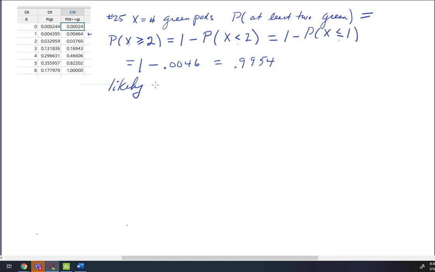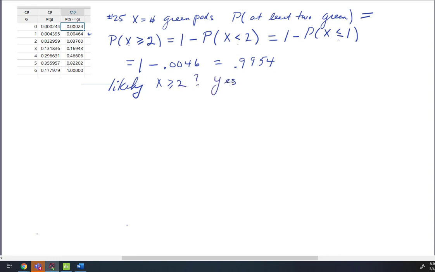Now, when you read your text, you'll see that it says that the experiment only goes on if we get 2 or more green pods, and then it asks, is it likely that the experiment goes on, which is the same thing as saying, is it likely that X is greater than or equal to 2 or more green pods?